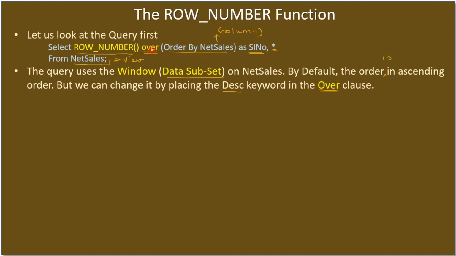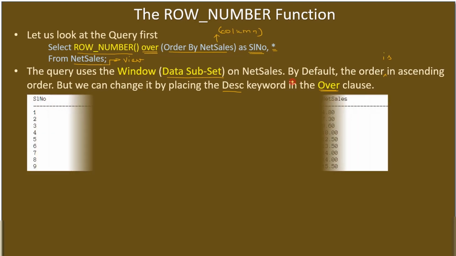If you want to make a change, it will be like SELECT ROW_NUMBER OVER ORDER BY net sales DESC. That way you can change the default sorting order to descending using that keyword.